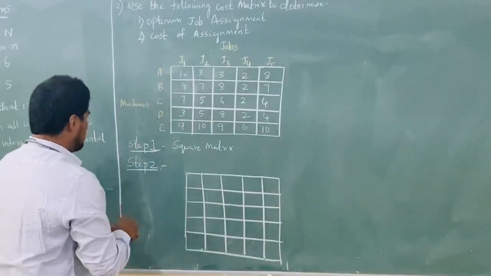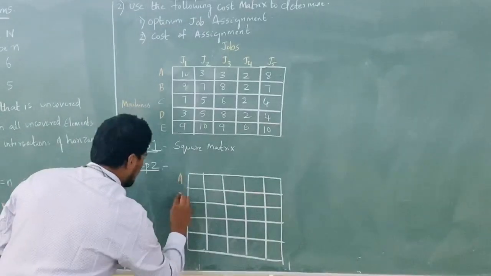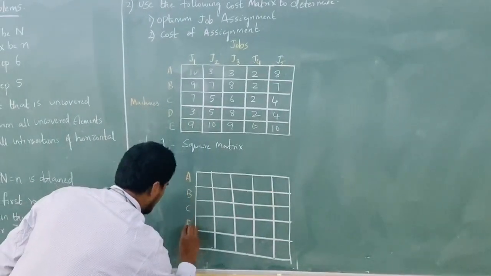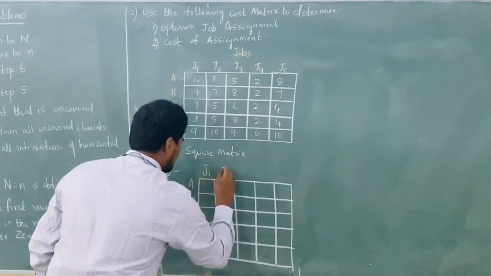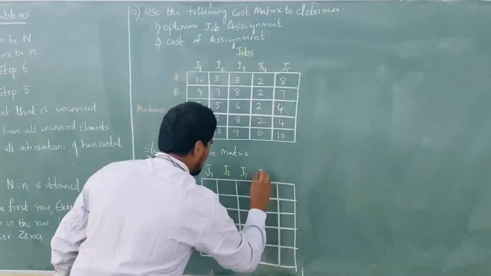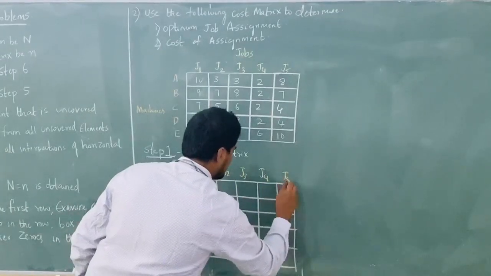Here we have A, B, C, D, E as machines, and J1, J2, J3, J4 and J5 as jobs.